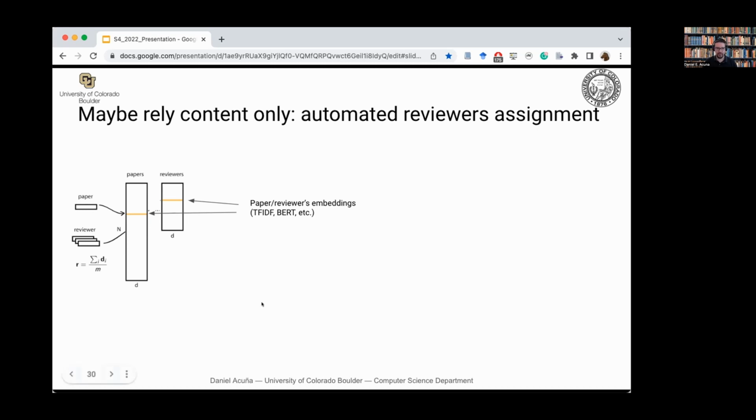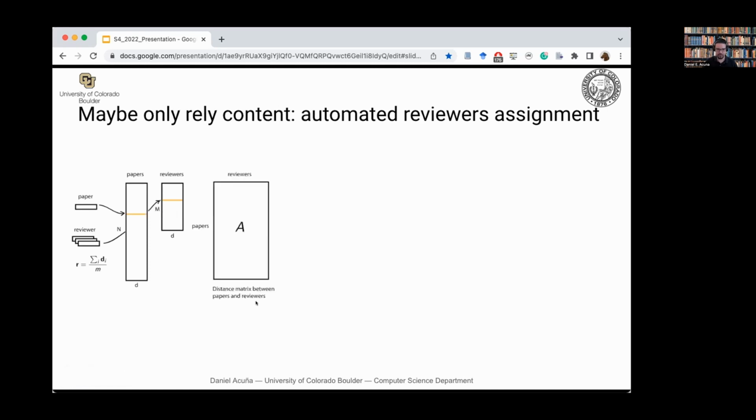What about if we take the papers and reviewers, we compute some sort of vector that represents them, and then we do some sort of alignment or affinity among the papers and reviewers. Then maybe we can do some sort of mathematical optimization of this. And this is what Nihar talked about yesterday.